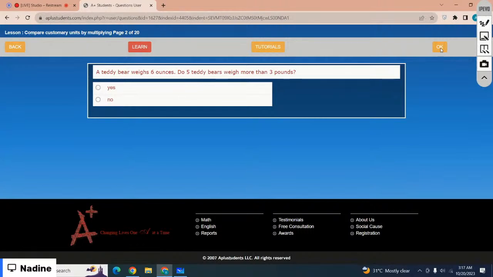The weight of one teddy bear is 6 ounces, right? Then the weight of 5 teddy bears is 5 times 6, that means 30 ounces. You have to compare 30 ounces to 3 pounds.